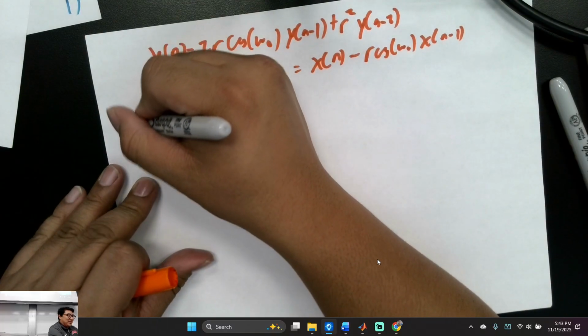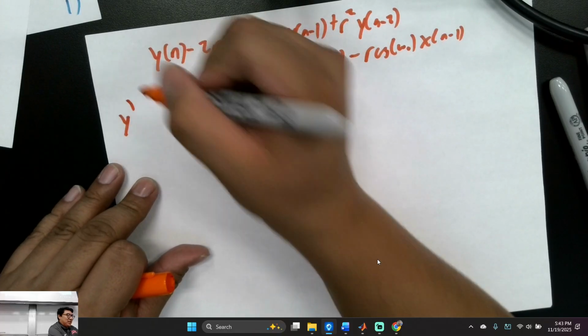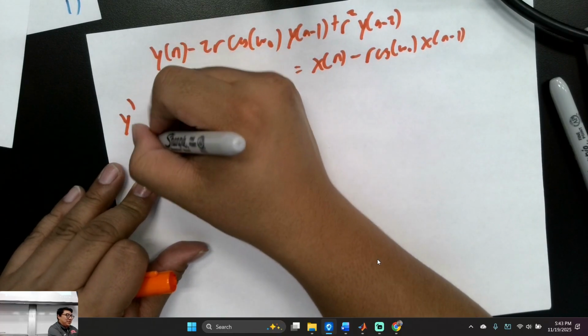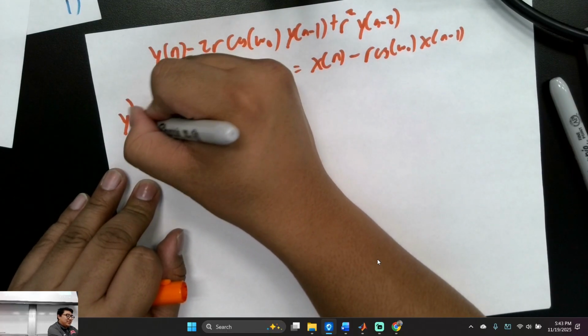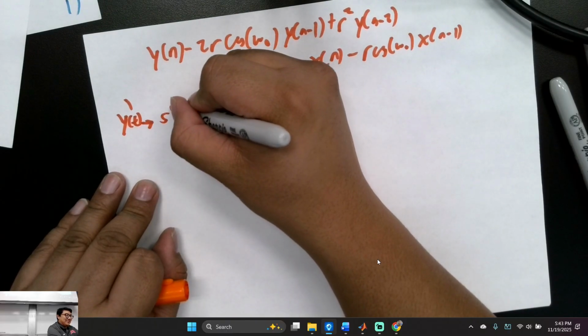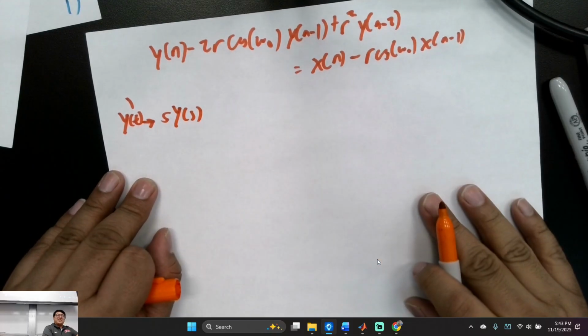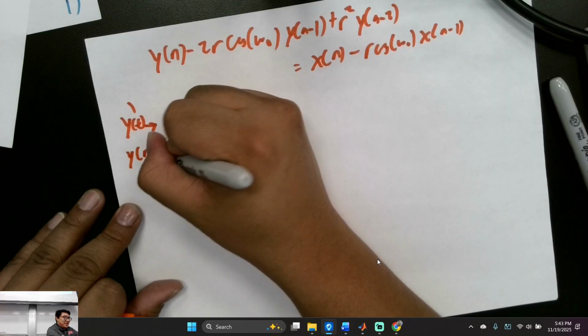If you remember y prime, and then if you wanted the derivative of some function y of t, it turns into something like this. Remember that? Same thing with y(n minus 1).